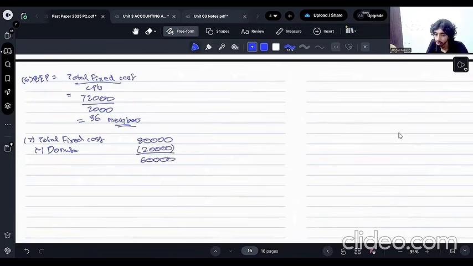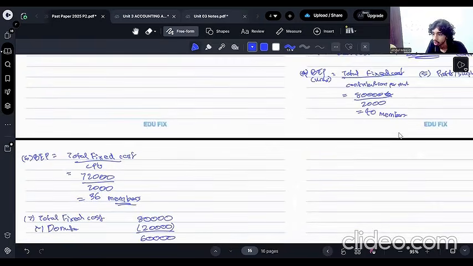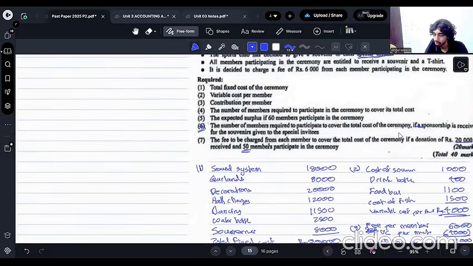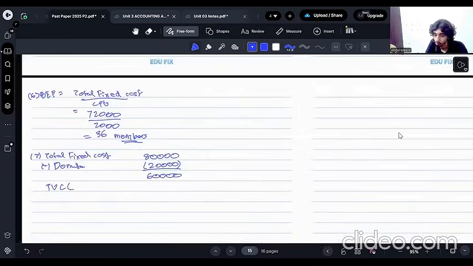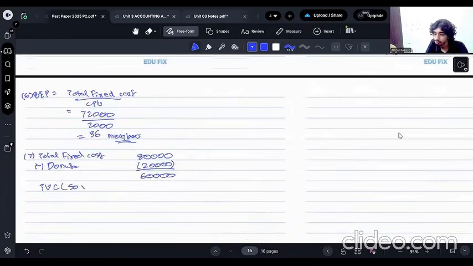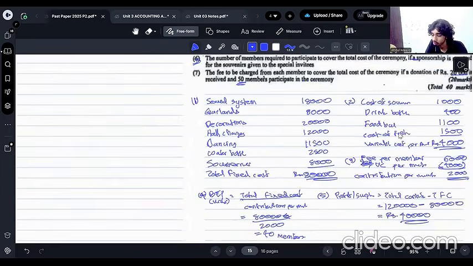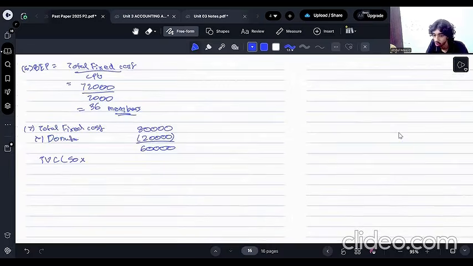Then next, how much will be your total variable cost? 50 members are participating, multiplied by the variable cost for one member, 4,000. The variable cost will be 4,000 multiplied by 50, that is 200,000. Then your total cost is 260,000 if you deducted the donation.